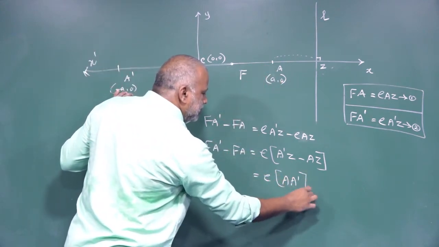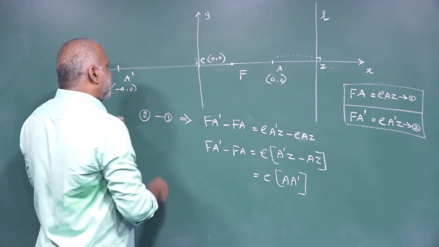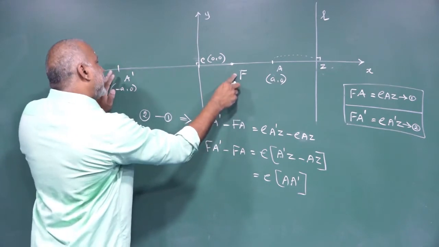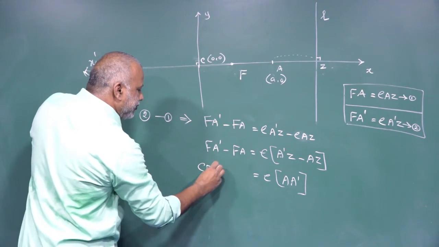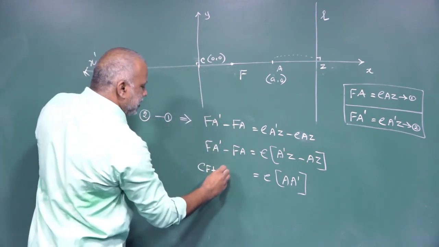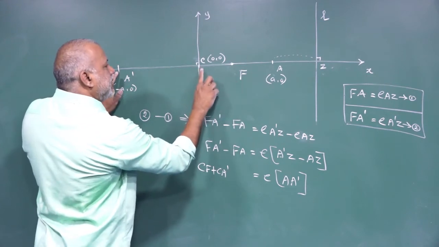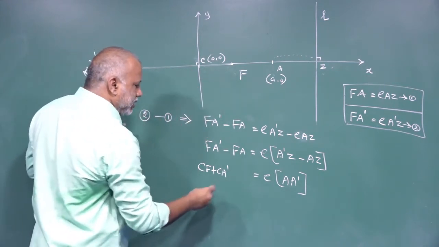In your LHS side, see FA dash. Where is F? Sorry, FA dash. F here, A dash here. So that I can write like this: CF plus CA dash. In terms of origin, use the origin.